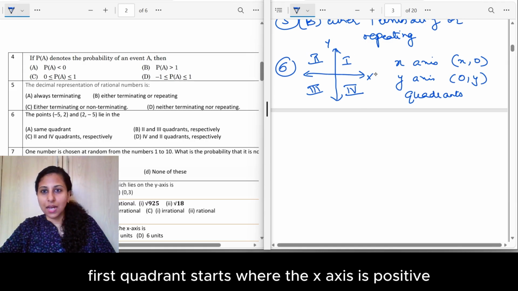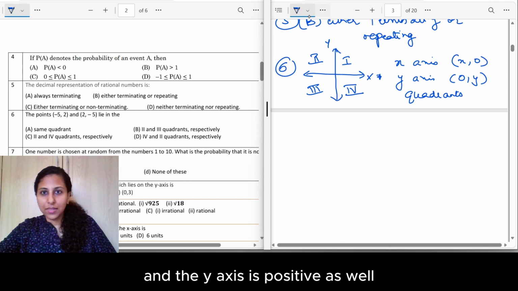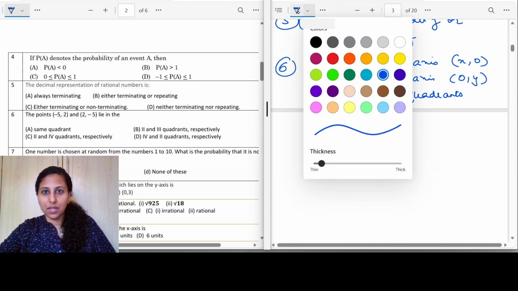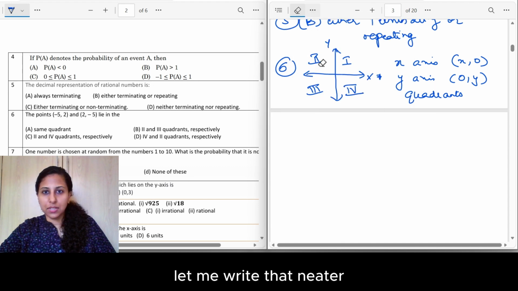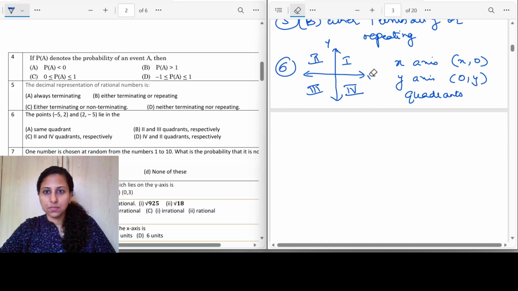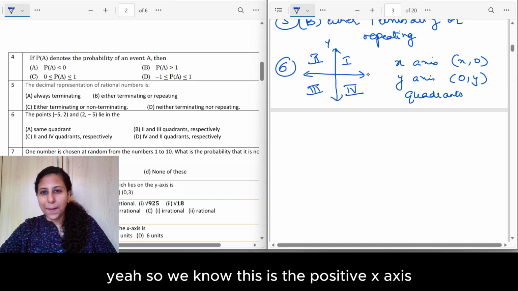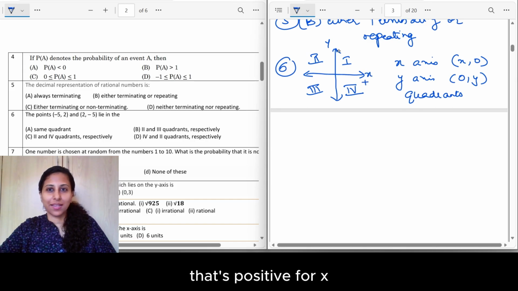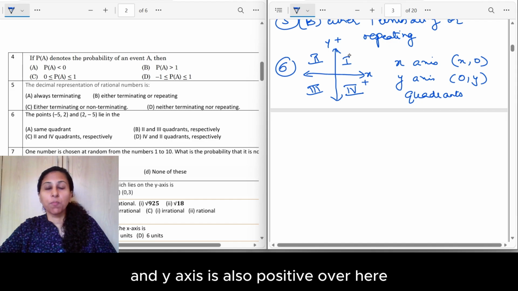The first quadrant starts where the x-axis is positive and the y-axis is positive as well. So we know this is the positive x-axis. That's positive for x. And the y-axis is also positive over here.